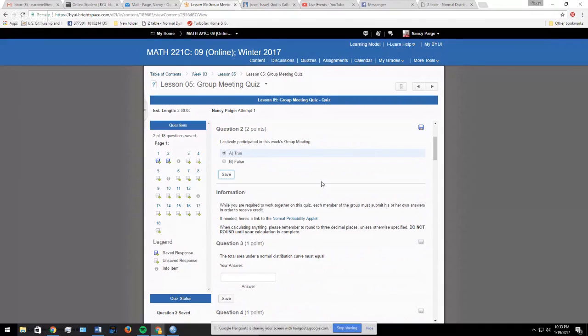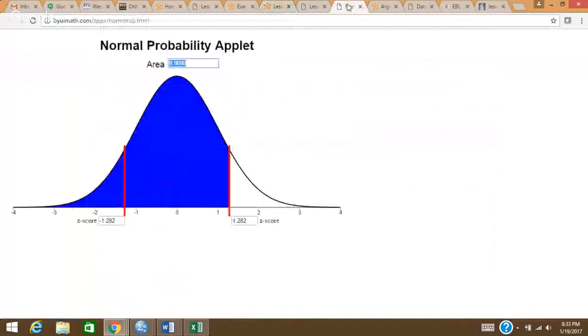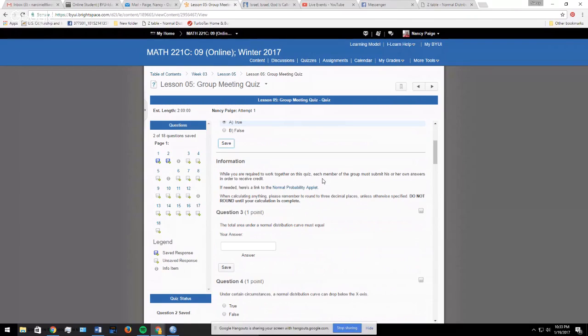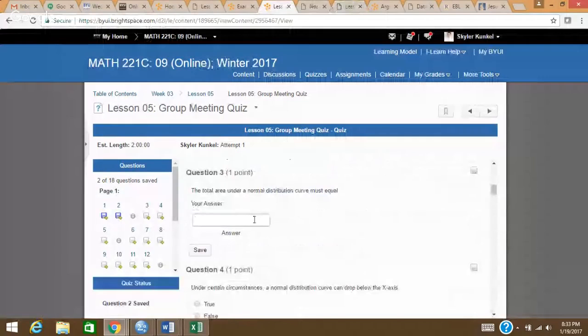When calculating, let's see. The total area under the normal distribution curve must equal 1, isn't it? Yeah, the total area.